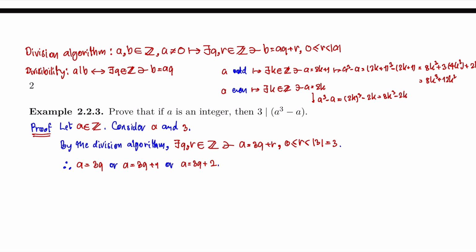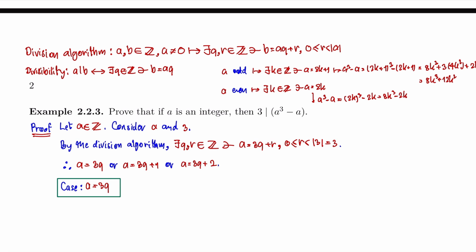So now we have the number 3 in front of the quotient. So there will be 3 cases. We start with the first case, the case where a is 3q.